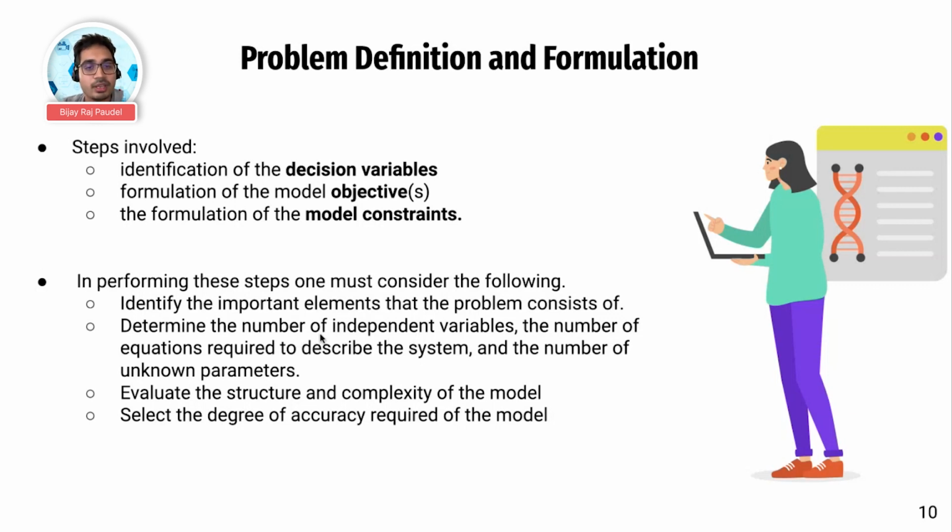And one important thing that is overlooked in many places is that you have to be very careful about independent variables. Independent variables are variables that do not depend on other variables. For example, the number of teams and the number of employees can be dependent variables.